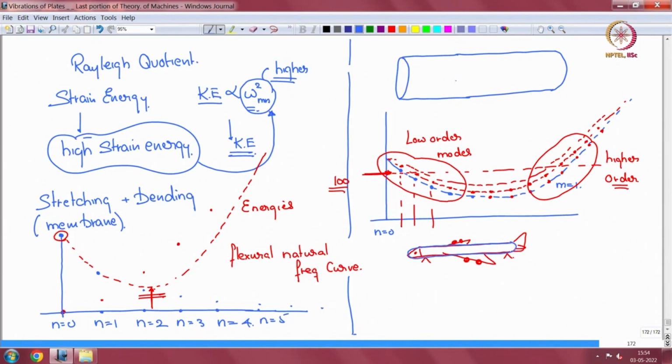Okay. So here, and then we have the engine, over here. Now the engine will have blades. So let us say hypothetically it is rotating at 3000 rpm, which is 3000 by 60, which is 50 hertz. The shaft rotor is going at 50 hertz, and let us say there are 4 blades, then you have 200 hertz.